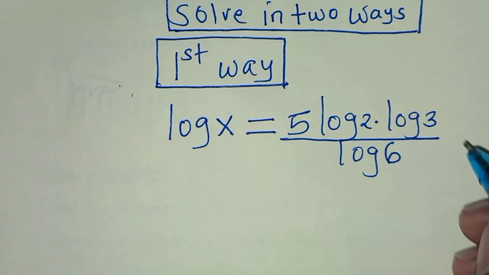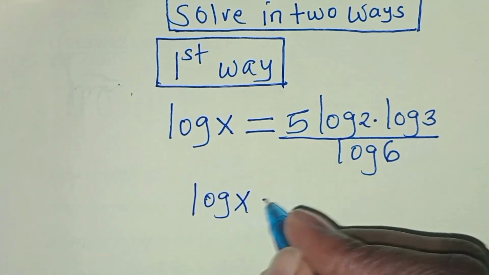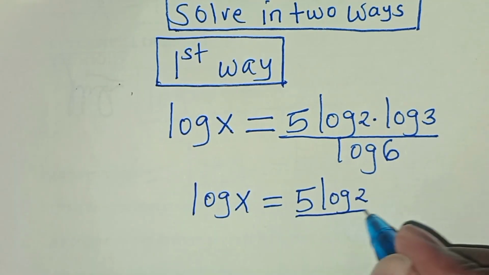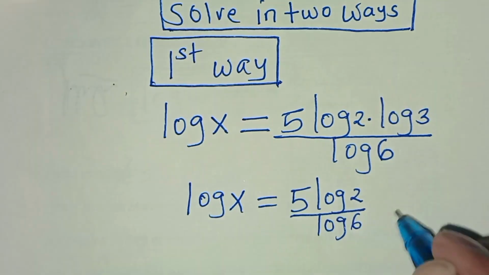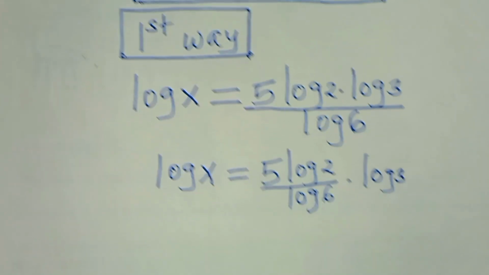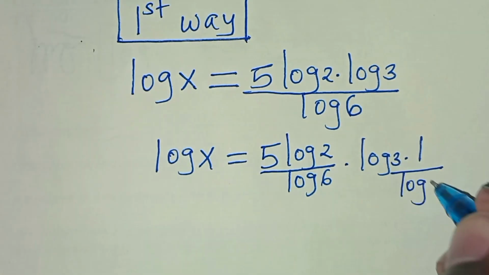So the first thing to do here, we can express this as log x. This is equal to 5 log 2 divided by log 6 multiplied by log 3. So let's multiply both sides by 1 over log 3.